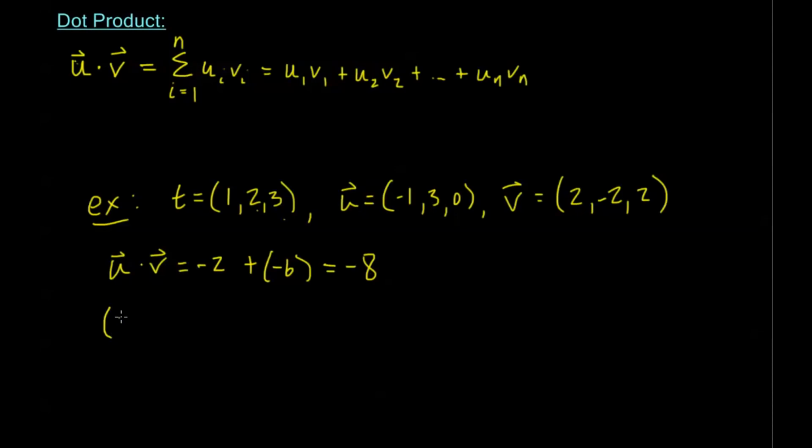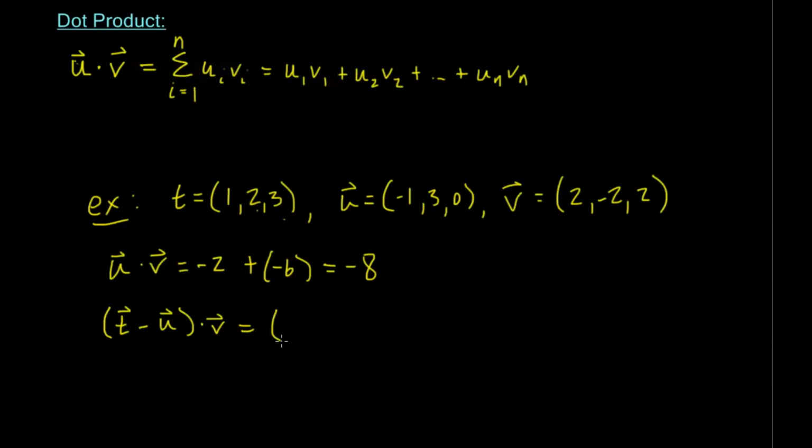Now we can combine some of these. Let's say I have the vector t minus the vector u, and then that whole thing dotted with the vector v. Well, first of all, we didn't talk about vector subtraction, but vector subtraction is really just going to be the same thing as vector addition, but I'm multiplying the second vector by the scalar -1. So we're just going to multiply this by -1 and add them together, or you can think of it as subtracting the entries of u from the entries of t.